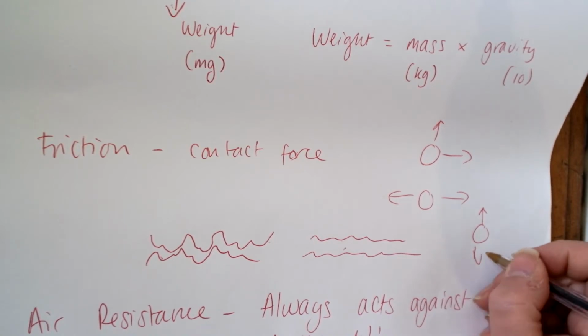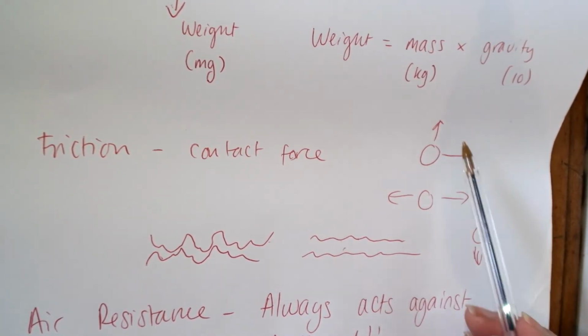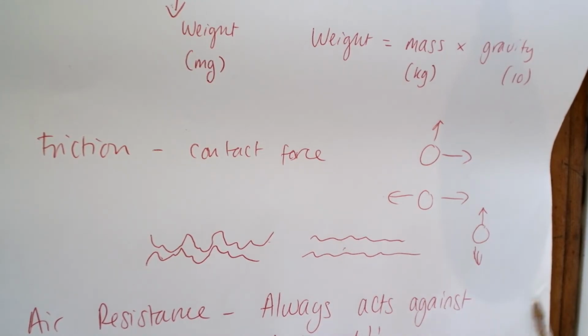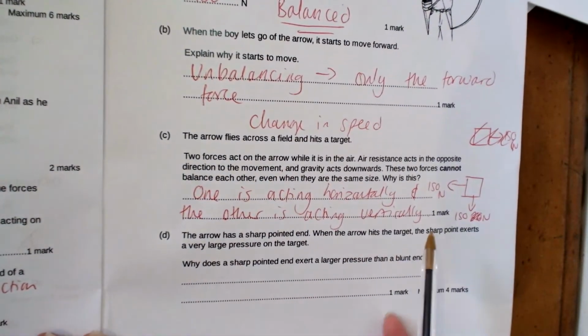If we have this situation, then we cannot talk about balanced and unbalanced because they are acting on opposite planes from one another. And I don't mean aeroplanes, I mean the horizontal or the vertical plane.